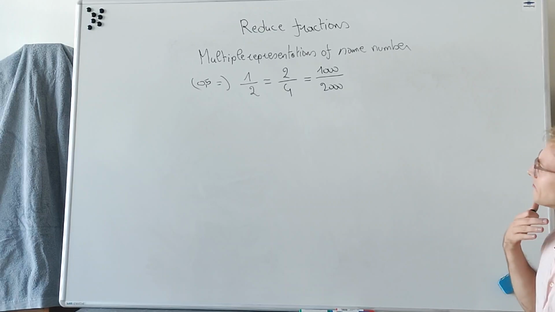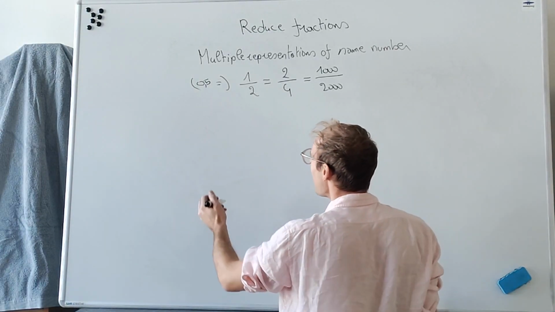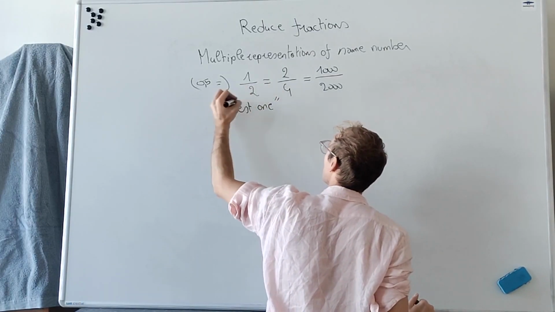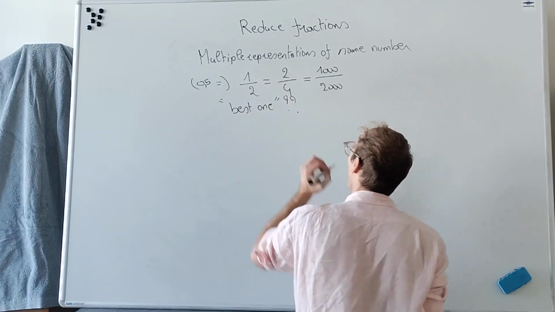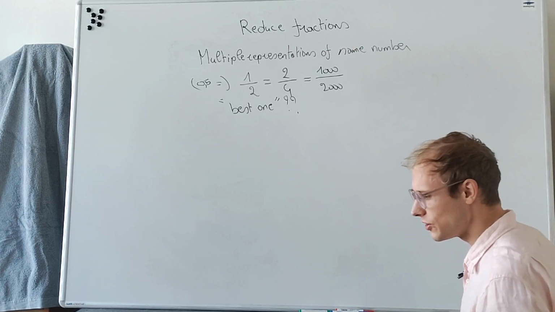So there exist multiple representations of the same number, so you might ask yourself, what is the best one? To answer this question, we're going to introduce some more terminology, another definition.